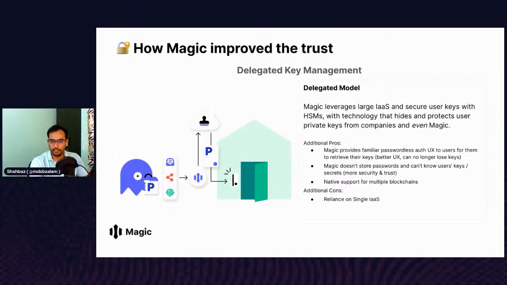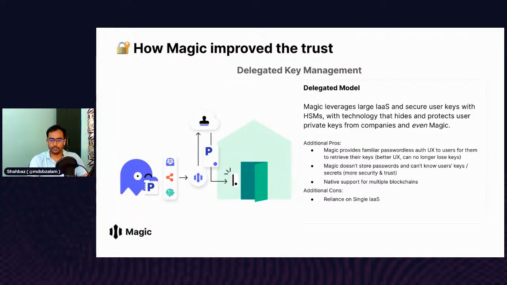But Magic leverages the large infrastructure as a service and secures user keys with hardware security modules, with technology that hides and protects users' private keys, even from companies and even from Magic. This has additional pros: Magic provides a familiar passwordless auth UX to users to retrieve their keys, which is a better UX model.